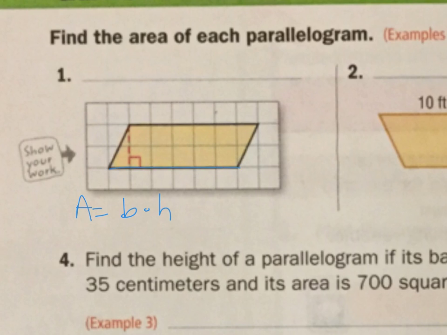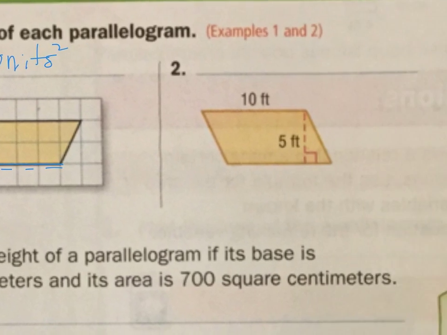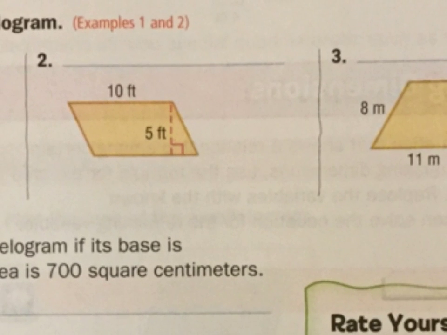I'm going to say this is my base. So 1, 2, 3, 4, 5, 6. So base is 6 times my height, 1, 2. And 6 times 2 is 12 units squared. Over here, now we don't have to count squares, they've given us the base and the height.